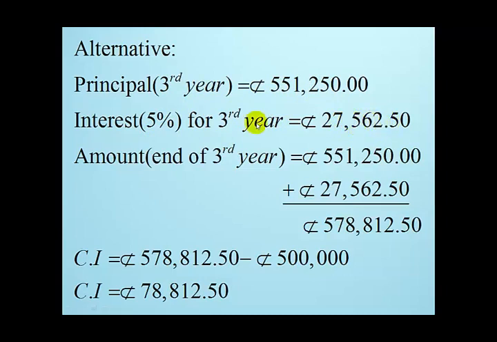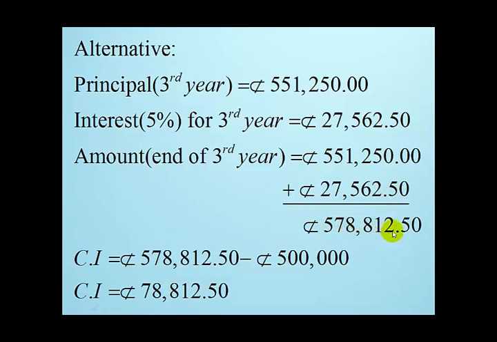So if you want to know the amount at the end of the third year, then we have to add the principal for the third year to the interest at the end of the third year. That means the amount at the end of the third year will be equal to 551,250 cedis plus 27,562 cedis, 50 pesewas.